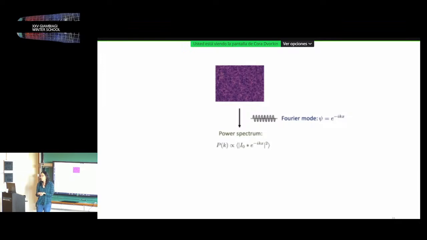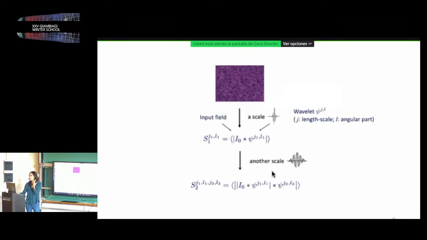The power spectrum is given at a certain scale, P of k. You will have different ks and you can measure the power spectrum at different ks. But you don't consider the interaction between different scales. So in this sense, I say that the power spectrum gives us a single scale analysis.